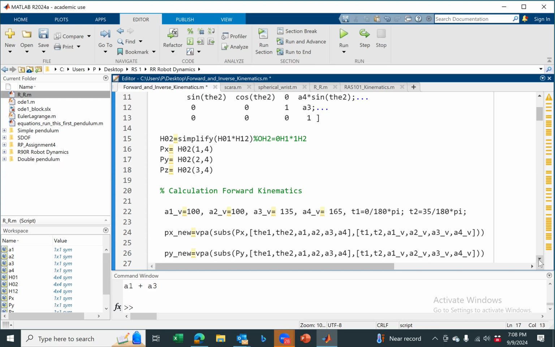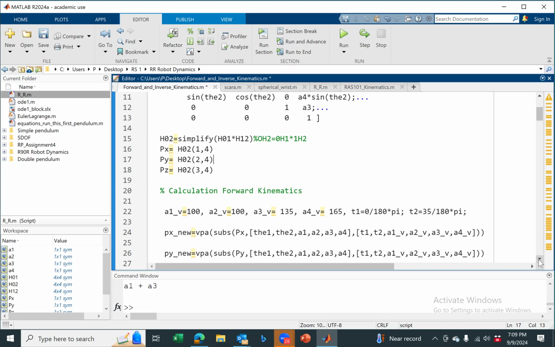The subs function, along with vpa, which is variable precision arithmetic, makes the equation look pretty. subs will take this symbolic expression Px, Py, Pz, take these symbols, remember theta 1, theta 2, a1, a2, a3 are syms variables that we defined, those are symbolic variables, and replace them with these values. These are numbers here. Same thing here: Py, take the symbolic expression, take those symbols, replace them with the numbers.